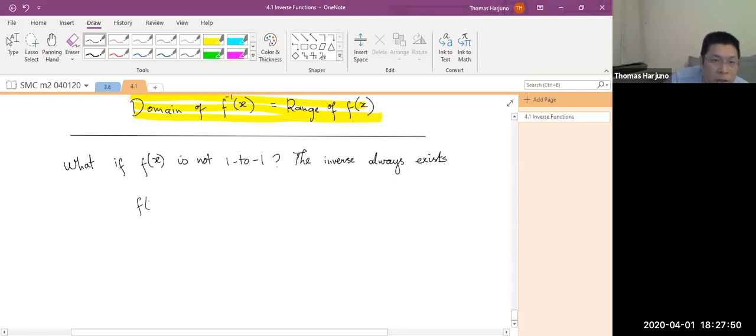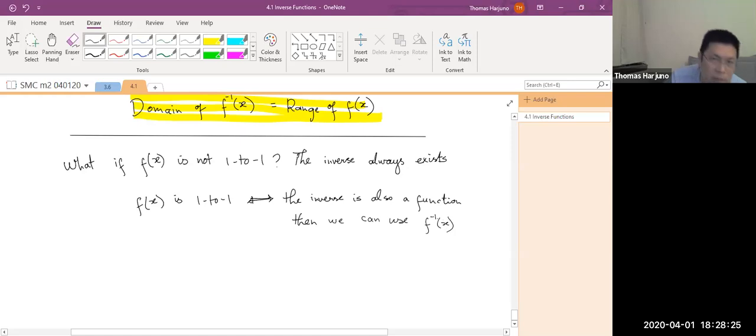If the function is one-to-one, then the inverse is also a function. And once the inverse is also a function, it has the right to use that inverse function notation. Otherwise, it has an inverse, but it's not a function.